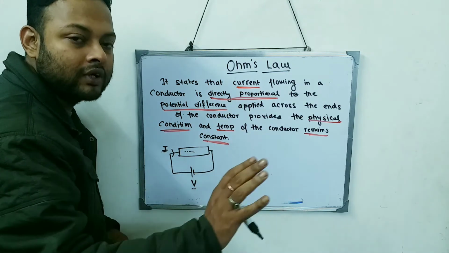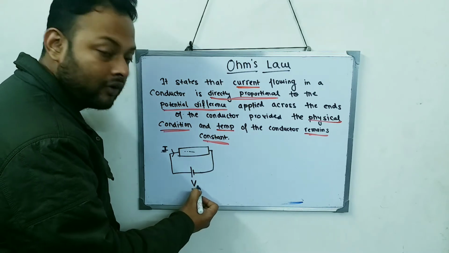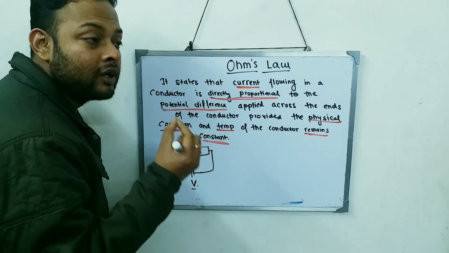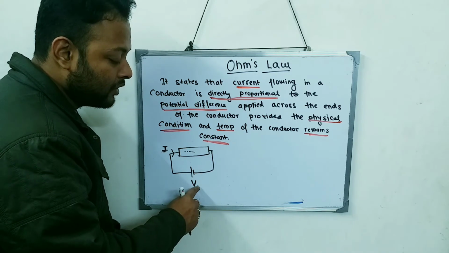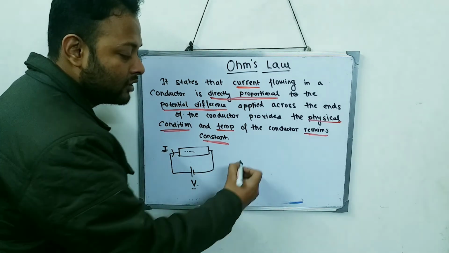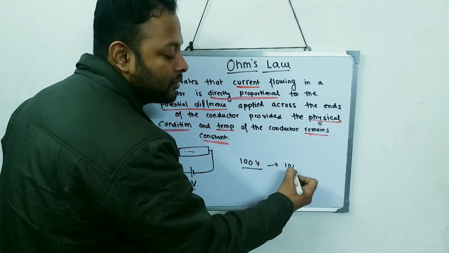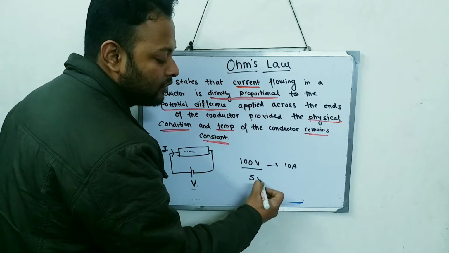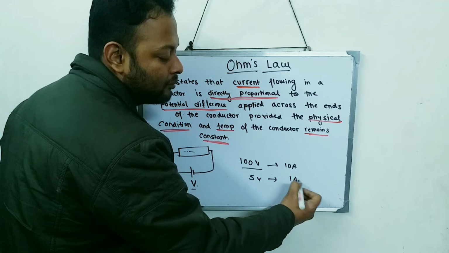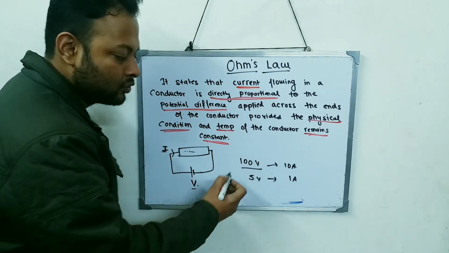If I give a lower potential difference, say only 5 volt, probably I will get 1 ampere current. These are just examples, don't take them as the real values.